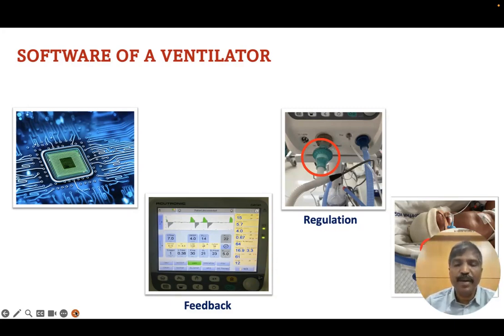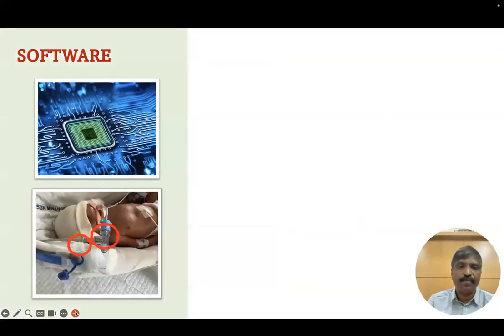This feedback from the flow sensor also goes back to the chip and to the display panel. Whatever is going to the patient is displayed on the vertical panel and on the graphic panel. If it is not matching with the set parameters on the horizontal panel, then the regulation will happen on the expiratory valve with the help of the chip sitting inside the ventilator.